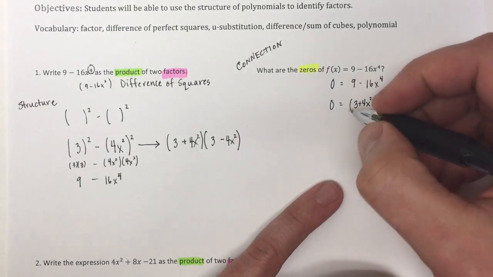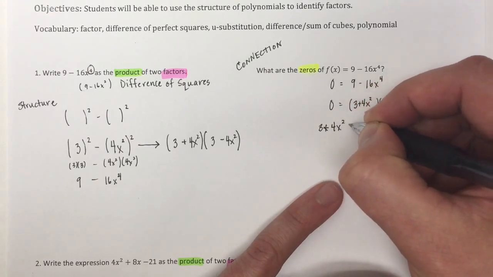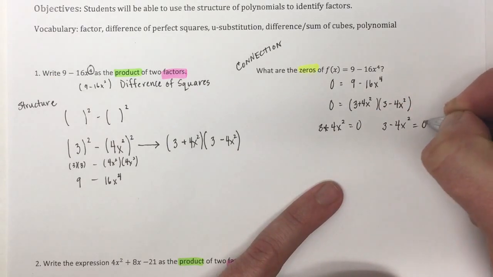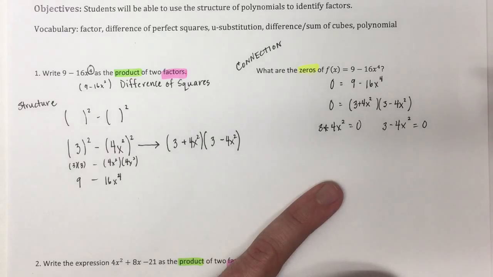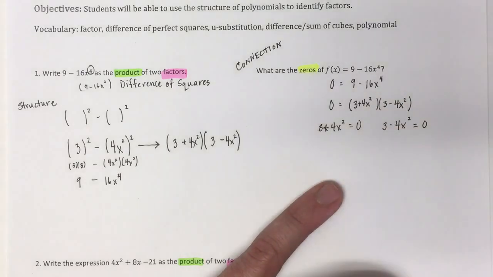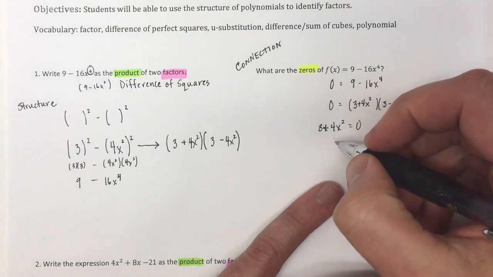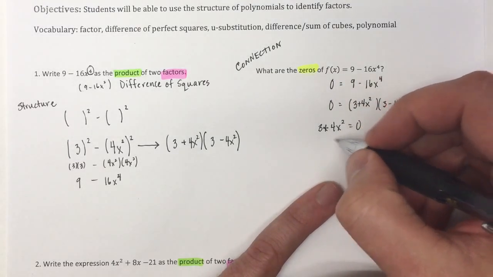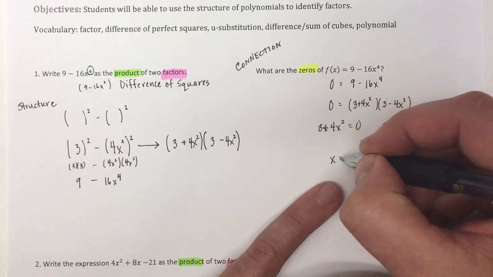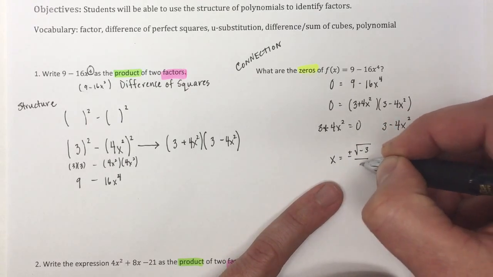And so when I begin to solve this, I can now write 3 plus 4x squared equals 0, and 3 minus 4x squared equals 0. There's a variety of ways you can use quadratic formula. You can use just algebra, but you have to remember to make sure you have the plus minus when you take the square root of both sides. But in the end, your answer will be x equals the plus and minus of negative 3 square rooted over 2.